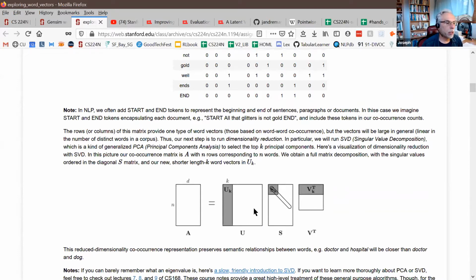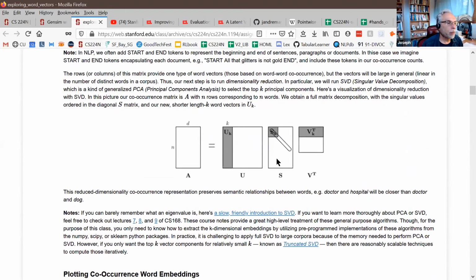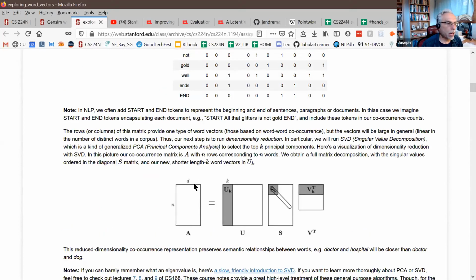Given a matrix, you can factorize it into 3 factors, and you can decide what the dimension of the embedding should be by doing this principal components method and just taking the top k, where k is the same as the dimension that you want.